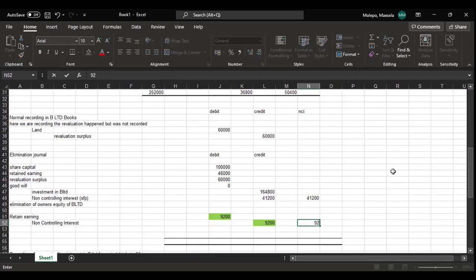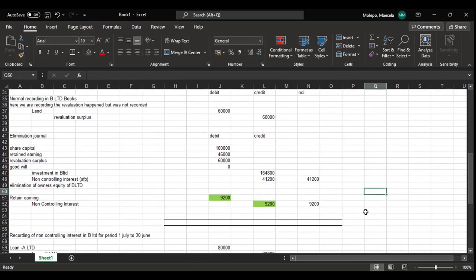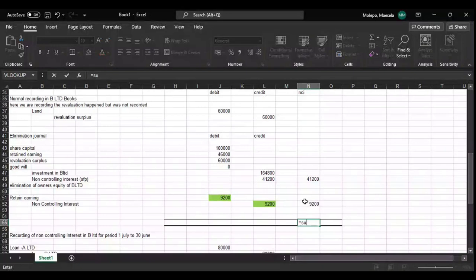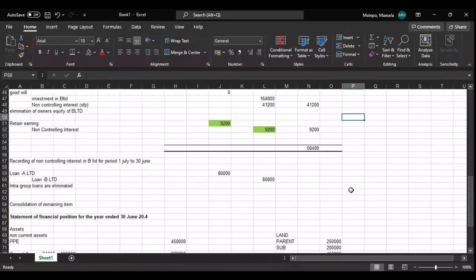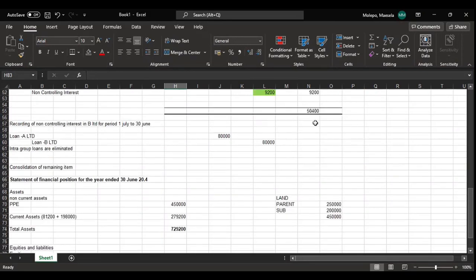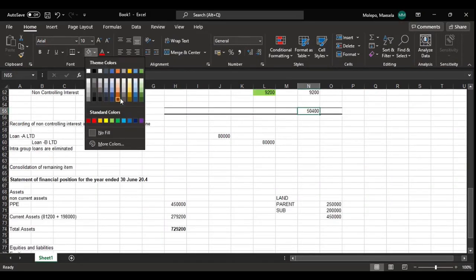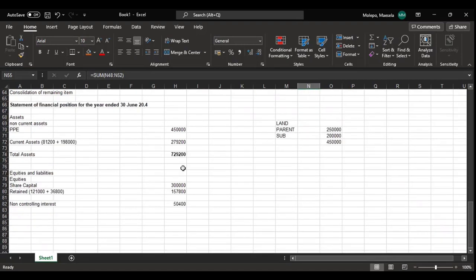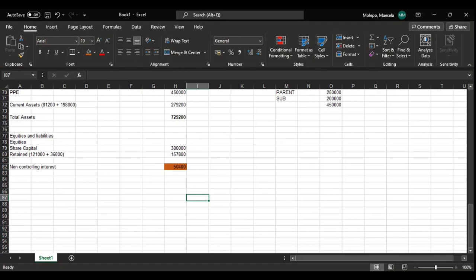I put the wrong thing, 9,200. So when you take this further, it will be this. Then there will be 50. Some of this, they give you 5,400. So the 5,400, you must take it to here as non-controlling. So the 5,400 is transferred here. We all happy? Yes, sir, we are happy.